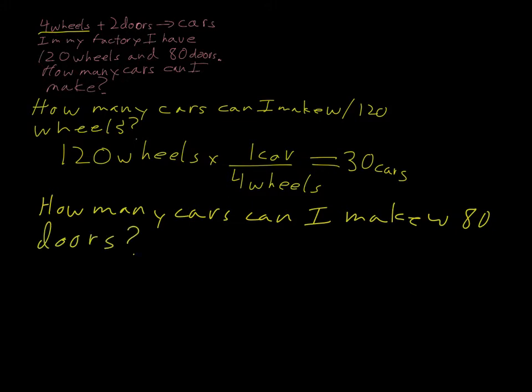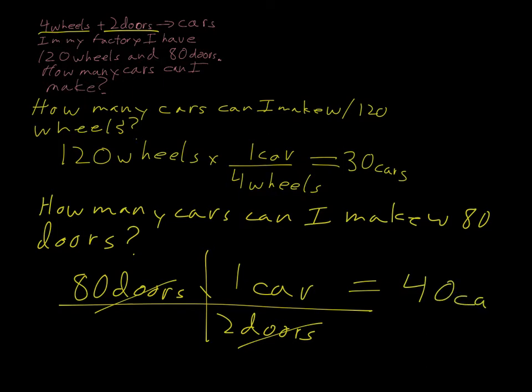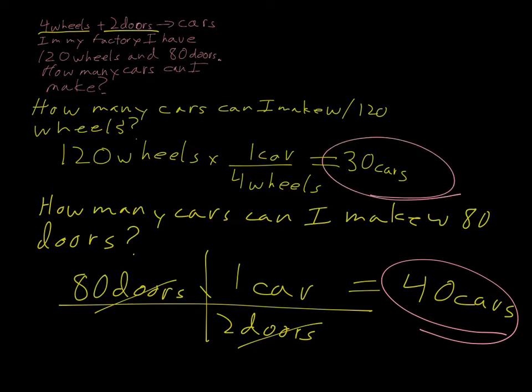Well, I've got 80 doors, and I know according to my chemical equation it takes 2 doors to make 1 car. I multiply everything on top, divide through by everything on the bottom. So I have enough doors to make 40 cars. So let's see. I have enough doors to make 40 cars. I have enough wheels to make 30 cars. So I can obviously make 70 cars, right?